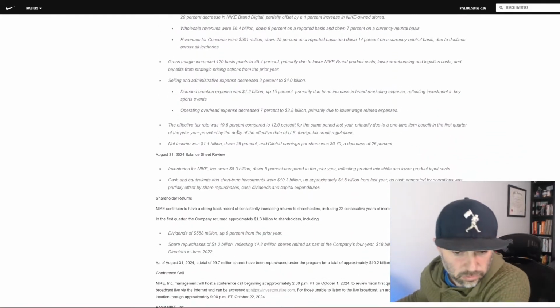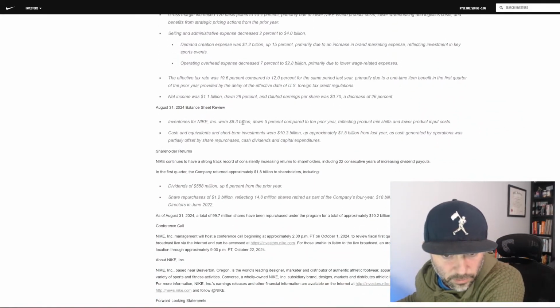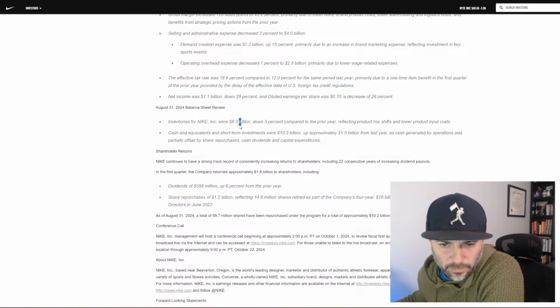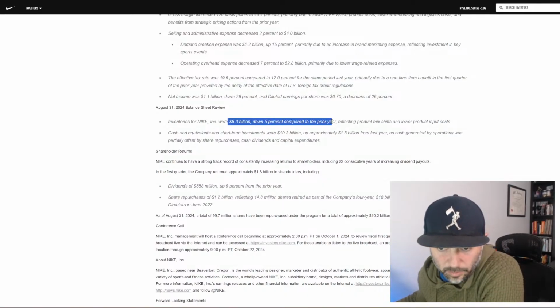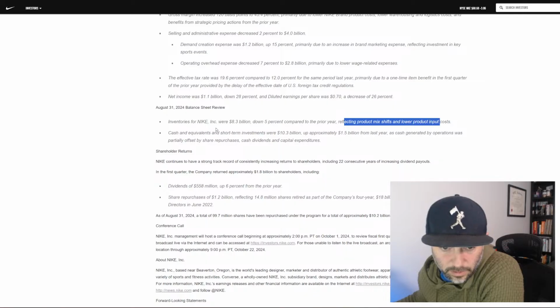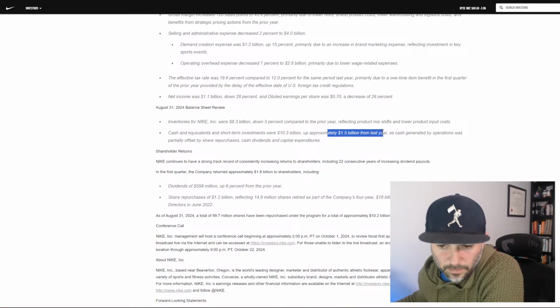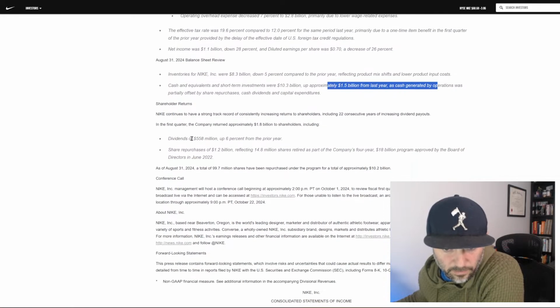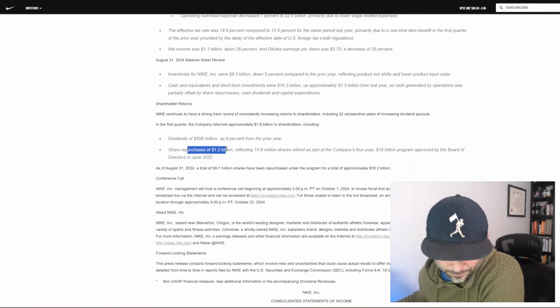Inventory was $8.3 billion, so inventory went down compared to prior year. Cash went to $10 billion, up 1.5 billion over last year. Dividend, yep. Share purchases, a lot.